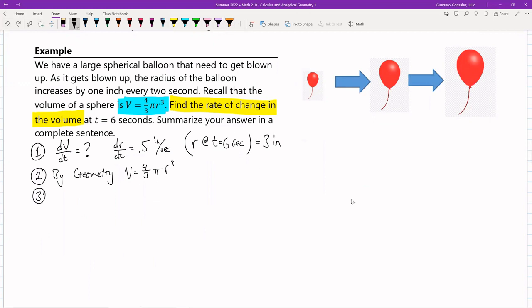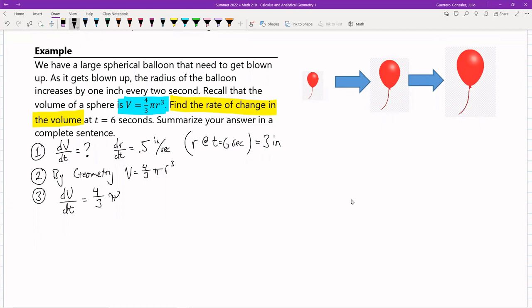That means that dV over dt is equal to 4/3 pi. 4/3 and pi are good old numbers, so they get to just come along for the ride.